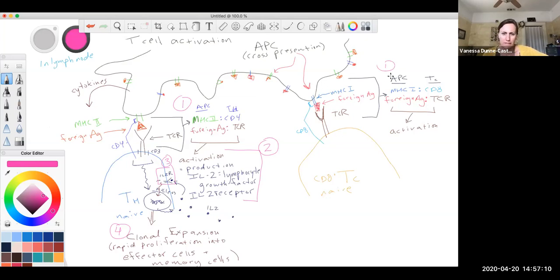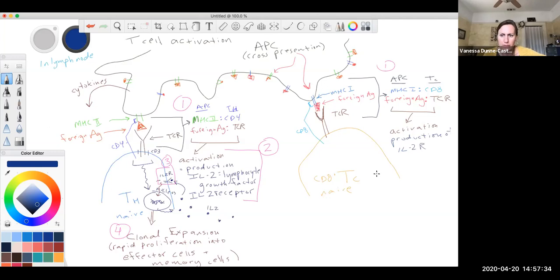This then leads to activation, and whereas this one is the production of interleukin-2 and interleukin-2 receptor, here again we're going to keep it simple, and we're going to say the activation in this regard for cytotoxic T cells leads to the production of interleukin-2 receptor.